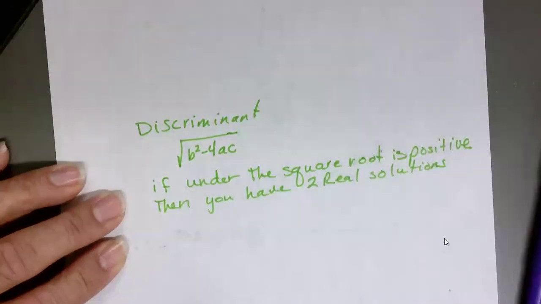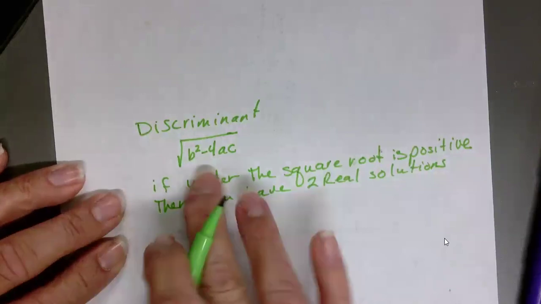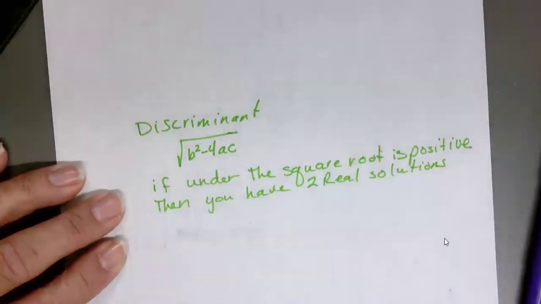Just like we did in that last problem, the positive 2 and the positive 1 were our two solutions for x because our discriminant was positive.